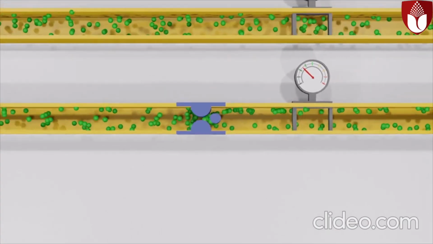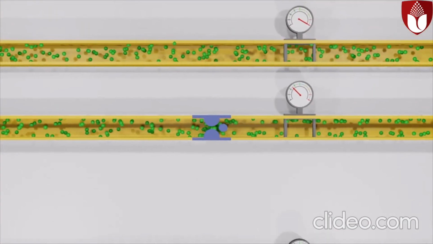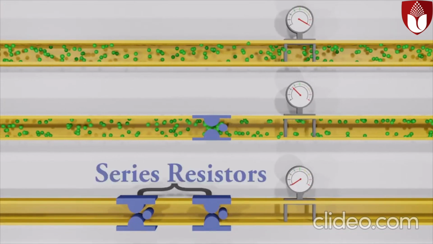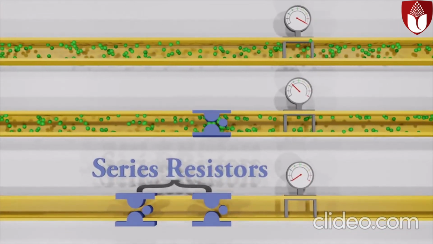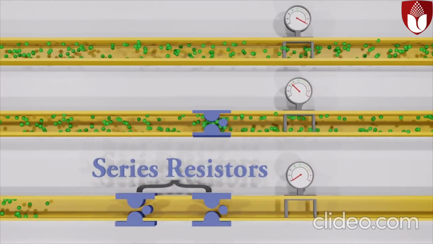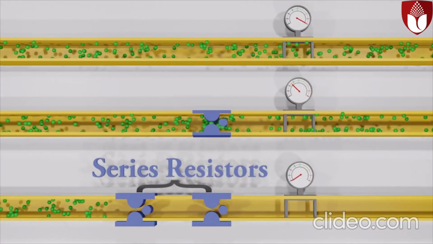Let's try another conductor that has two resistors in series. Current flow has to pass both obstacles.